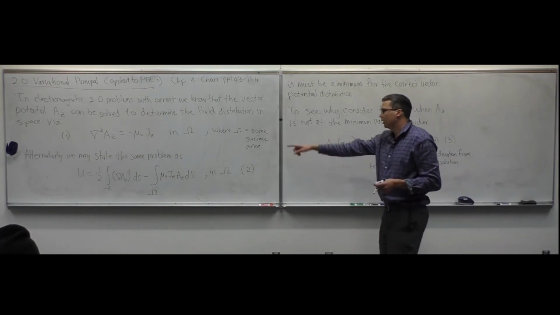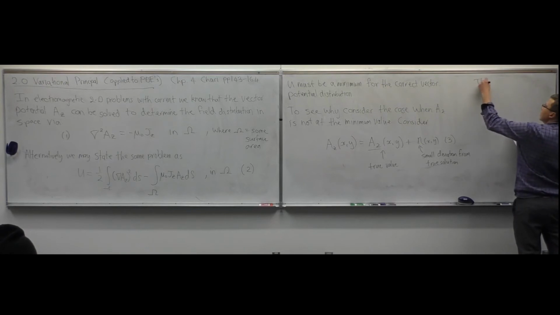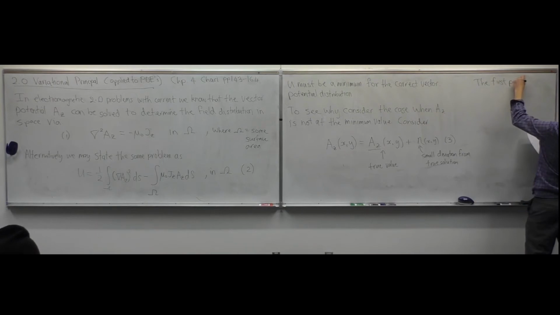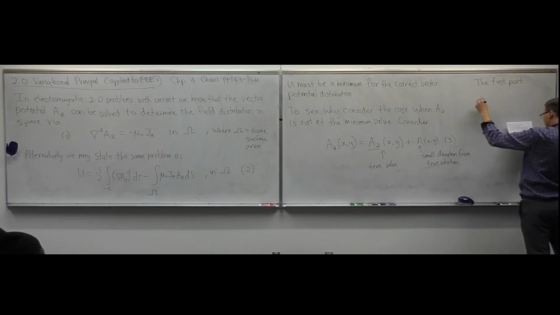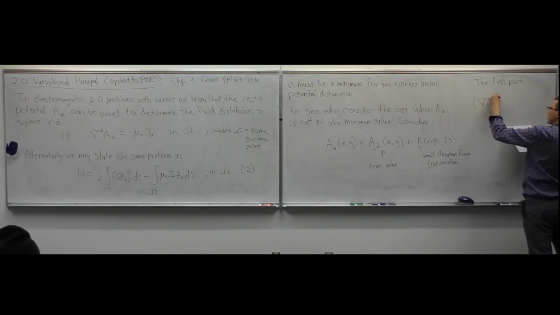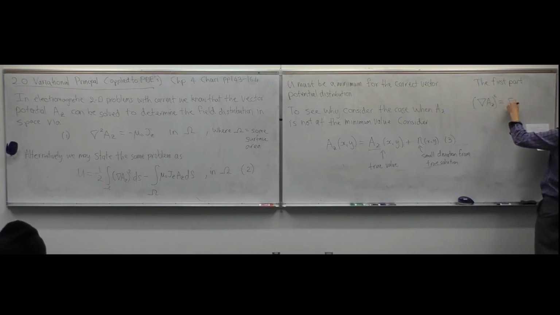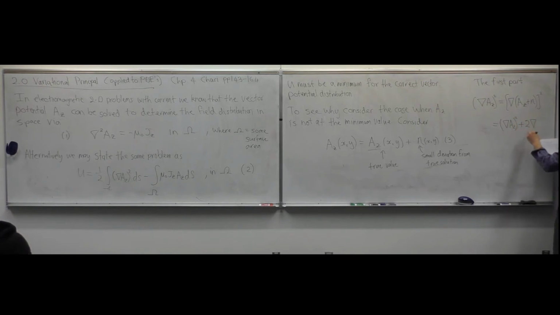So the first part, del AZ squared, is equal to del of AZ plus this deviation, squared, which is equal to del AZ squared plus 2 del AZ del n plus del n squared, if we expand this out.